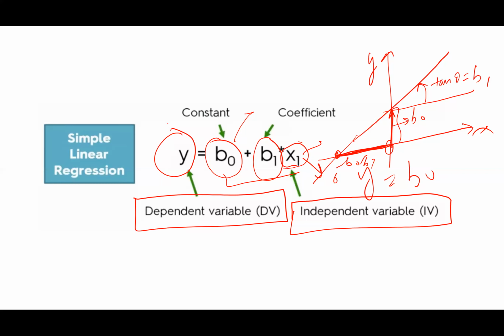For example, if I am studying the performance of promotions, then it can depend on the number of user clicks and the number of recommendations we made based on the promotions. This thing is called a coefficient because it's attached to the x1 variable. This thing is the constant because it is not attached to anything, right?